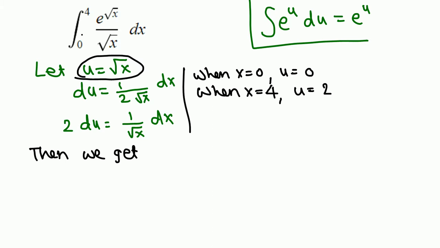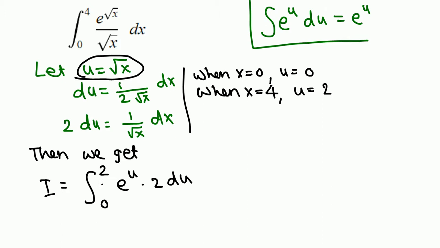So these limits in terms of u will be 0 to 2. Then we get this integral from 0 to 2 of e^u, that is what we assumed, and 1 over square root of x dx is 2 du, so times 2 du.